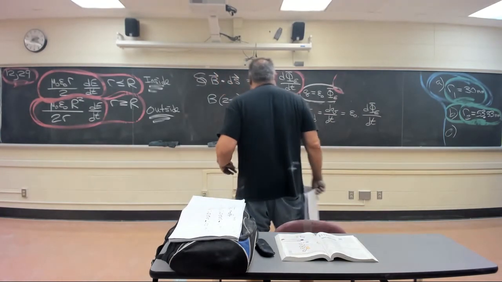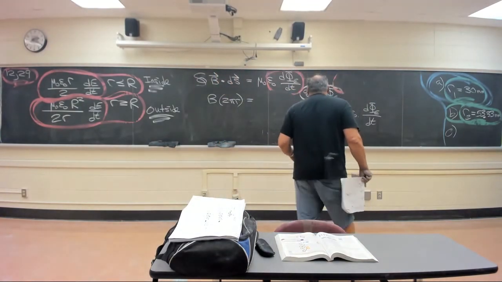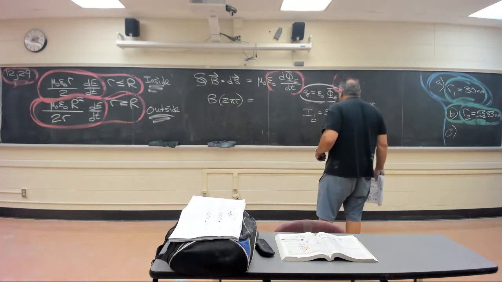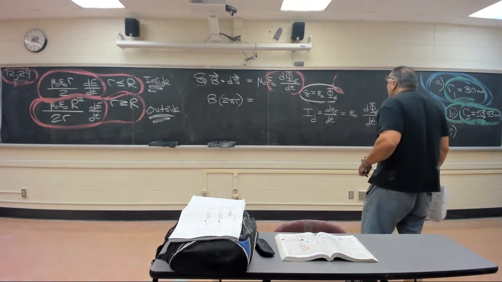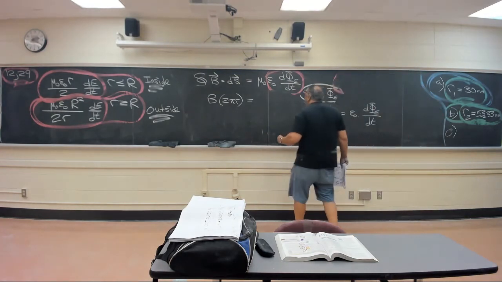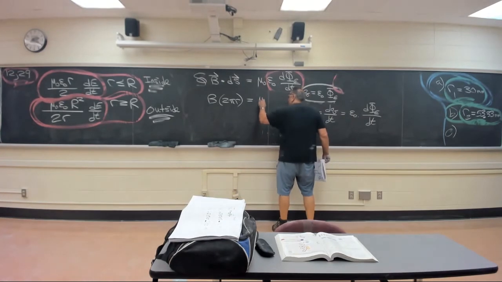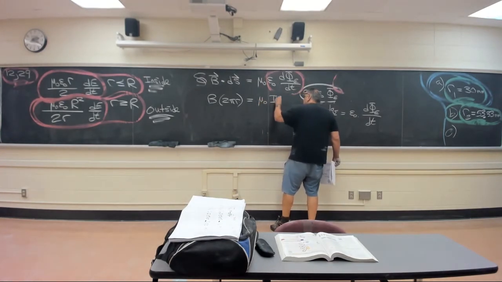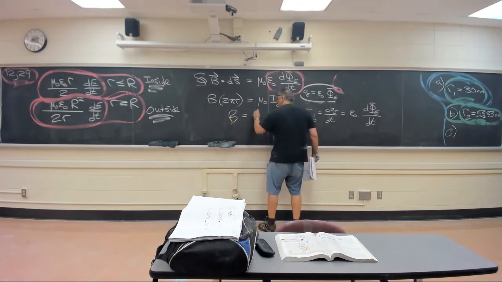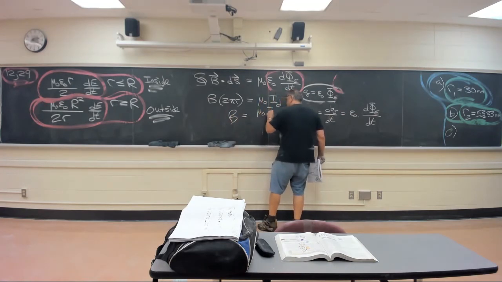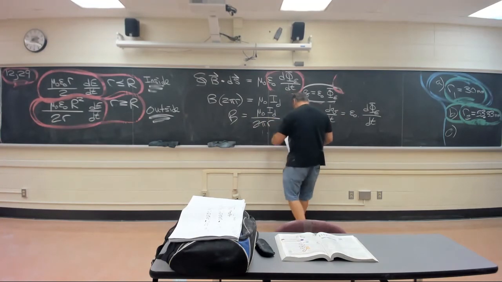How much flux is there? Well, that's not changing too much. It's pi r squared, and we'll see where that goes. So this is mu 0 I sub d. B is going to be mu 0 I sub d over 2 pi r.